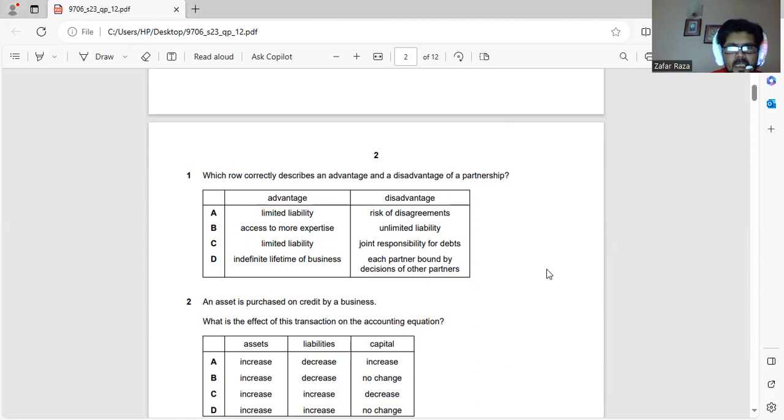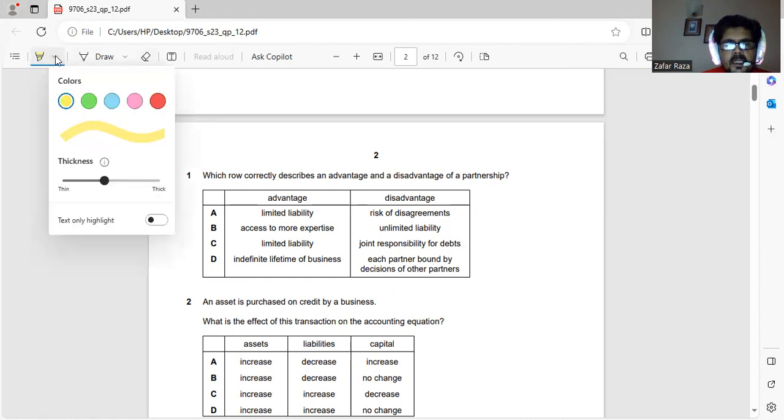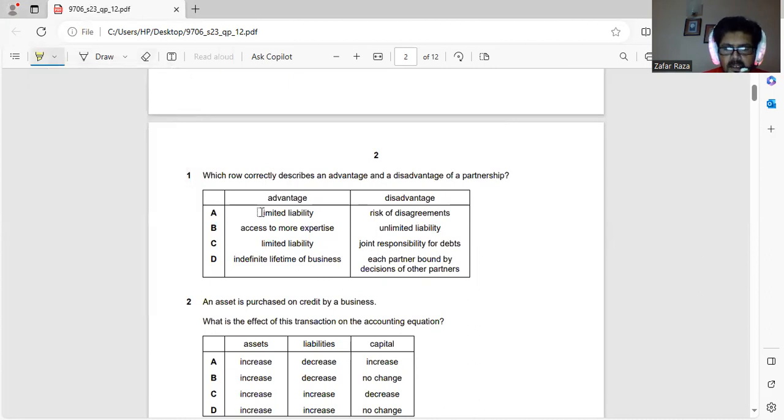Now, which option correctly describes an advantage and a disadvantage of partnership? A and C options can't be the advantage of partnership.